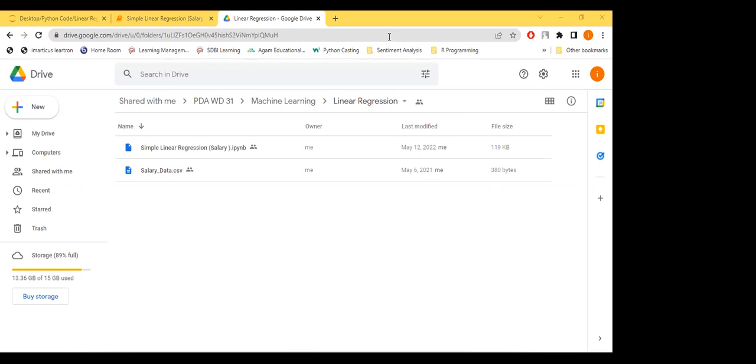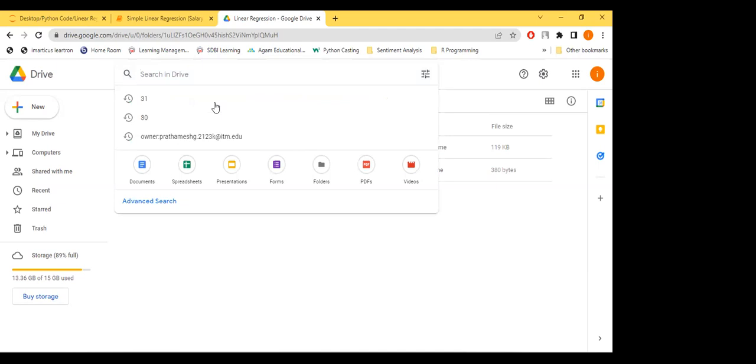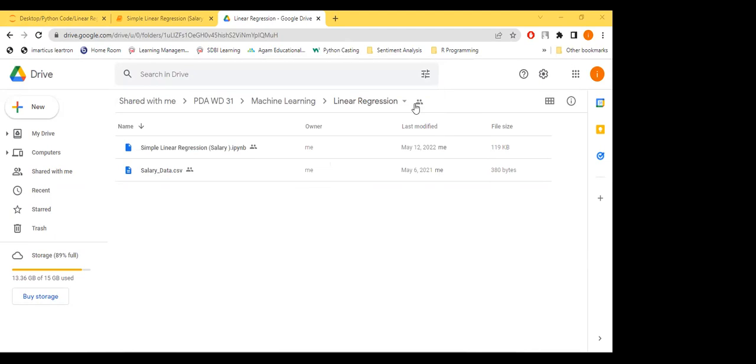Batch 31, have you received the file? Anisha, Ragini, have you taken data from the drive?